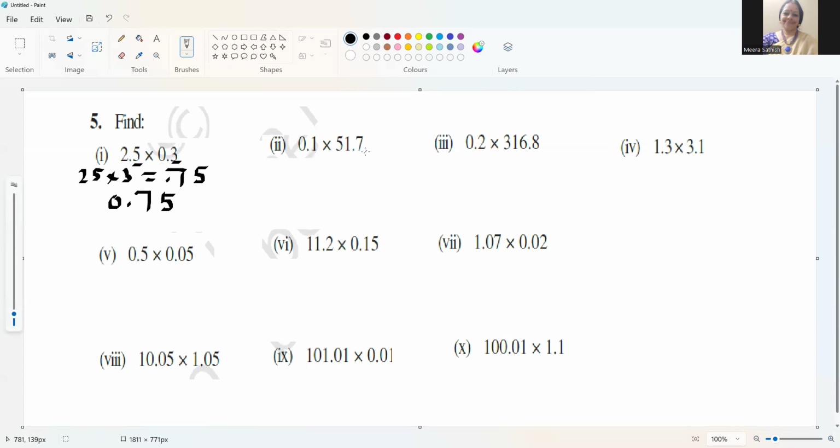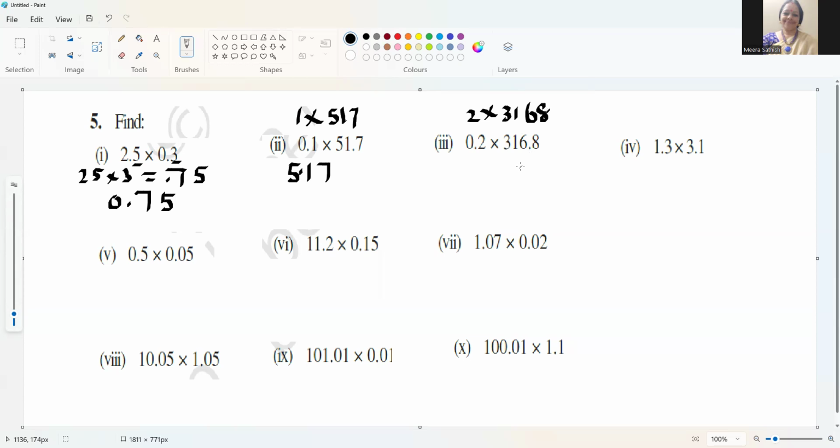Now 0.1 into 51.7. So 1 into 517, let us do first. Any number multiplied with 1 is the number itself. So 517. Now count how many decimal places? 2 decimal places. So 5.17. Now here you multiply it as 2 into 3168.